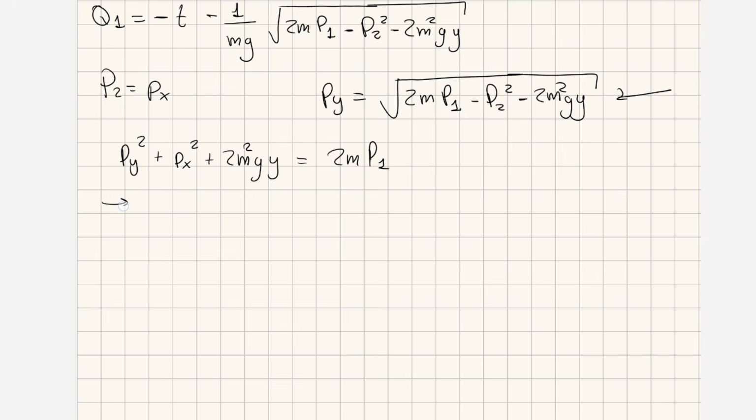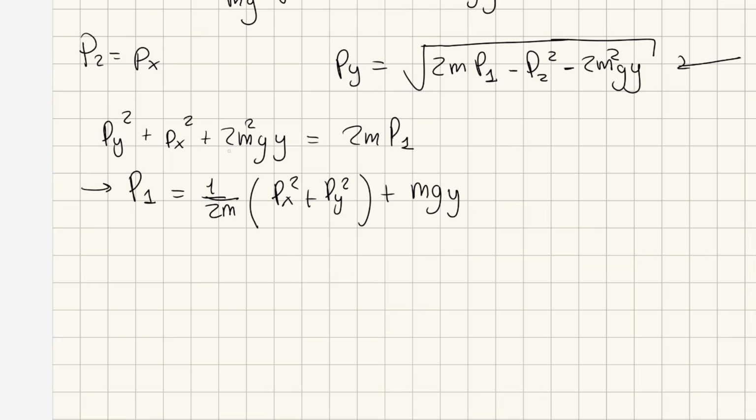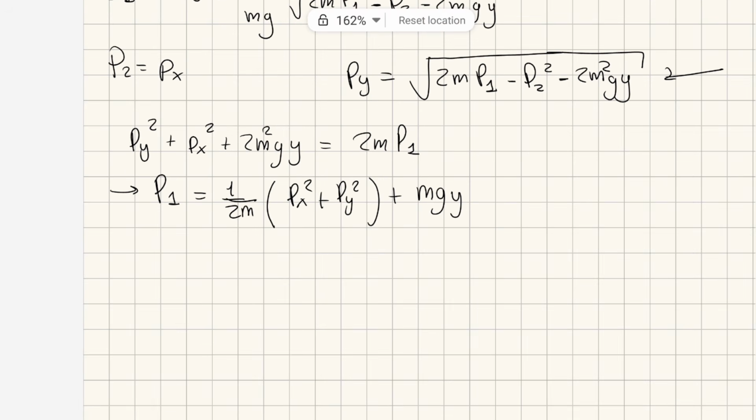So it is easy to see that p1 is going to be equal to 1 divided by 2m, times px squared plus py squared plus mgy. Because remember these 2m will cancel these 2m that we have here, so we only get an m on the numerator. Perfect, so we have found the first canonical transformation for the upper p1.